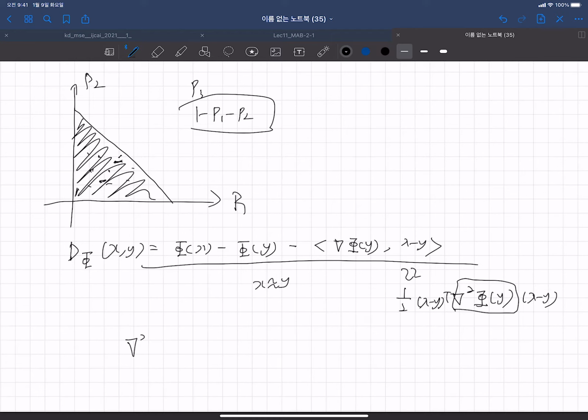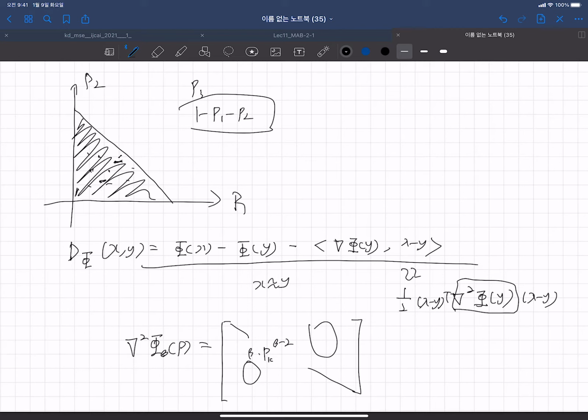The Hessian of Psi is a diagonal matrix, with all off-diagonal elements 0, and the diagonal element having some p_k^(beta-2) value.